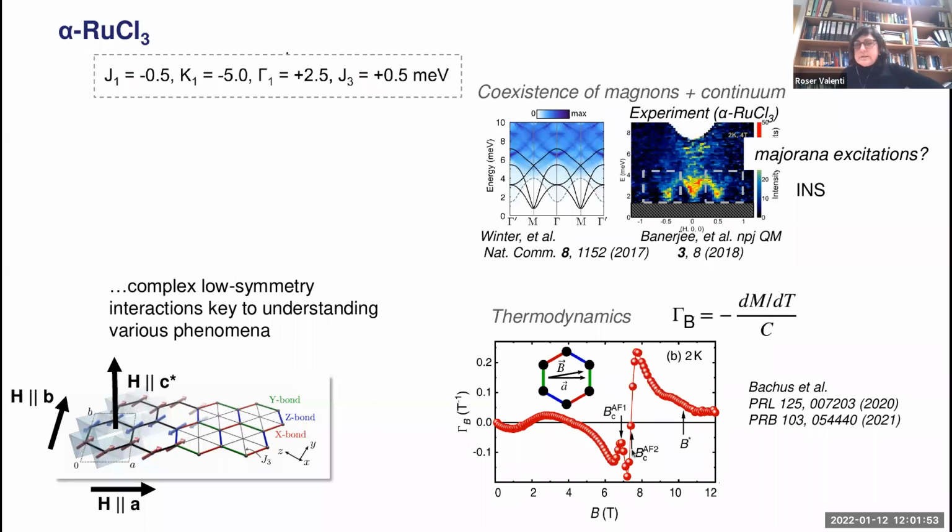Maybe just to mention that if we look at thermodynamic measurements, for instance here the Gruneisen parameter, which is very sensitive to phase transitions. So this is the magnetic field dependent Gruneisen parameter. These are measurements by Philipp Gegenwart and collaborators, where we also did some calculations. If we put ourselves in this direction, along the A direction where this quantization has been seen, thermodynamics doesn't seem to see this phase transition.